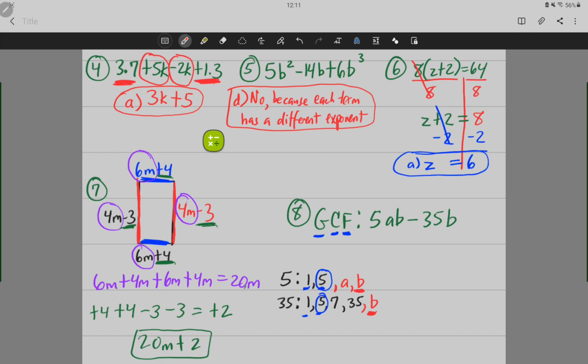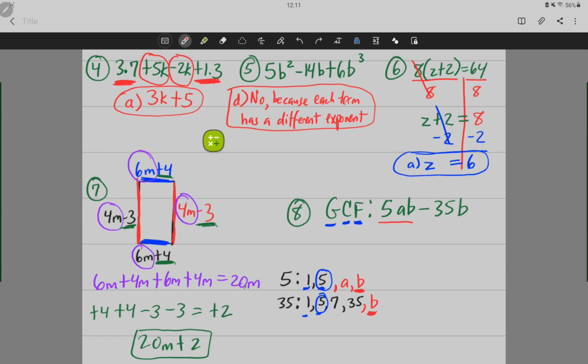Okay, now that we've identified what they have in common, meaning what they share, what we're going to do is divide by the GCF, the greatest common factor. So what do they share? What number? Well, we see here they share the number 5, right?